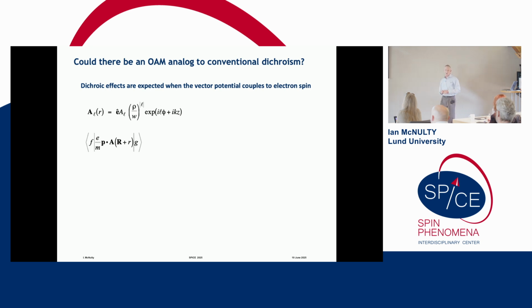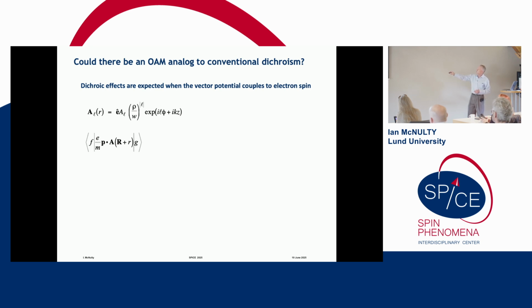So I asked the question, and this has been out there for some time now, could there be an OAM analog to this so-called conventional X-ray magnetic circular dichroism? So we do expect dichroic effects when the vector potential A, which you normally can calculate matrix elements from in the Hamiltonian for this system, or any system, couples to electron spin.